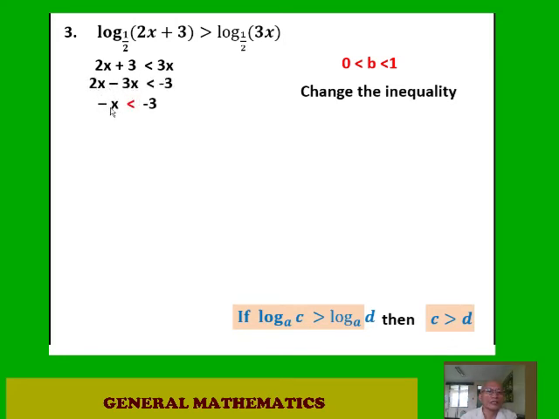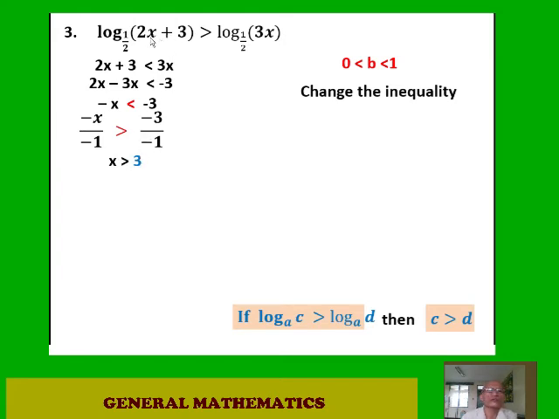Simplify. 2x minus 3x, negative x less than negative 3. We will divide both sides of the inequality by the coefficient of negative x, which is negative 1. Because we are dividing with a negative number, we will change again the direction of the inequality. That is the rule of dividing an inequality by negative numbers. So x is greater than 3.